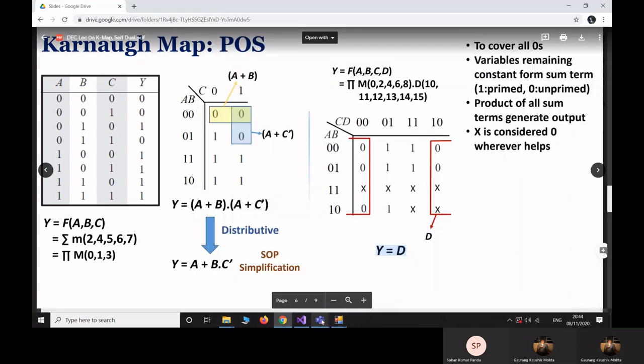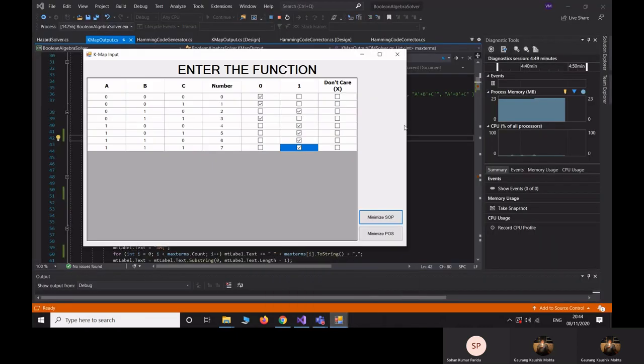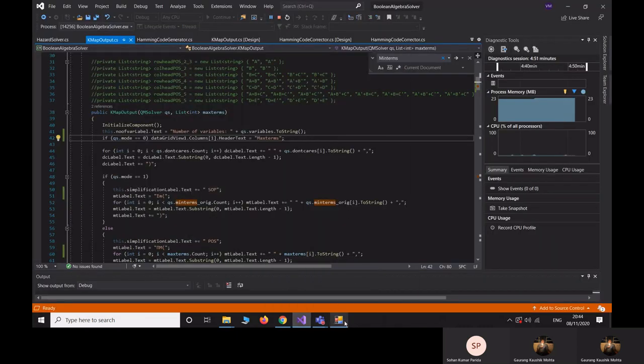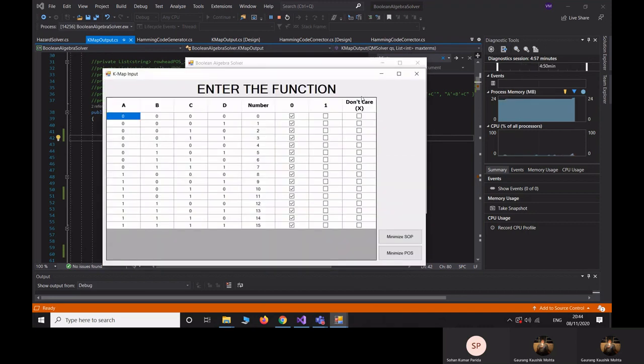Now, moving on to the next example, which is the POS example. In this, we will take 4 variables, which will also include don't cares. The expression is max terms 2, 4, 6, 8. So the minterms are 1, 3, 5, 7, 9, and beyond 10, everything is don't care.